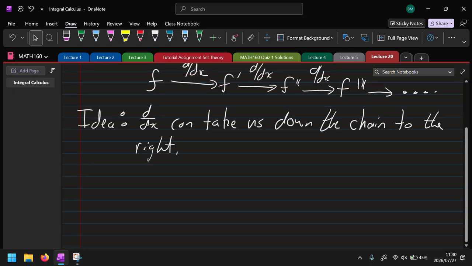So the question is, given a function, let's say f prime, can we go backwards and go to f?